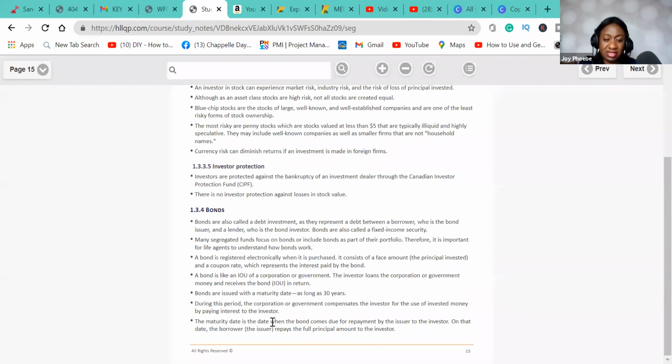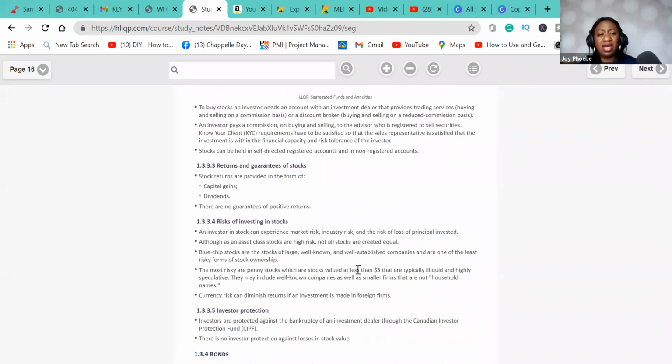Okay, so that is how bonds work. A bond has a maturity date, which is the date when the bond comes due for payment by the issuer to the investor. And on that date, the borrower, who is the issuer, repays the full principal amount to the investor, which is just what I just explained.